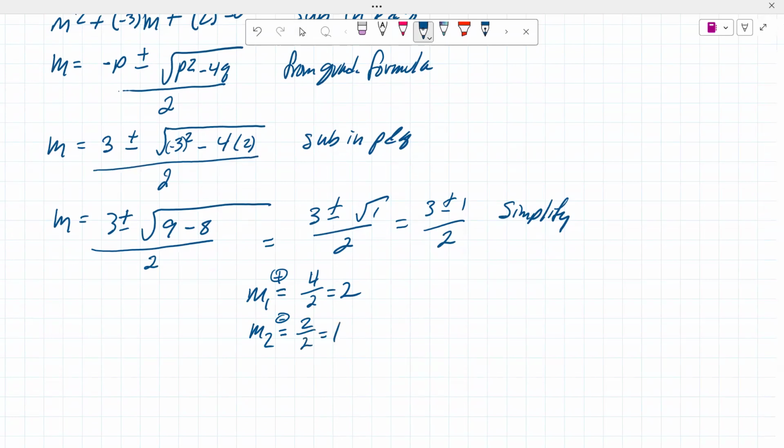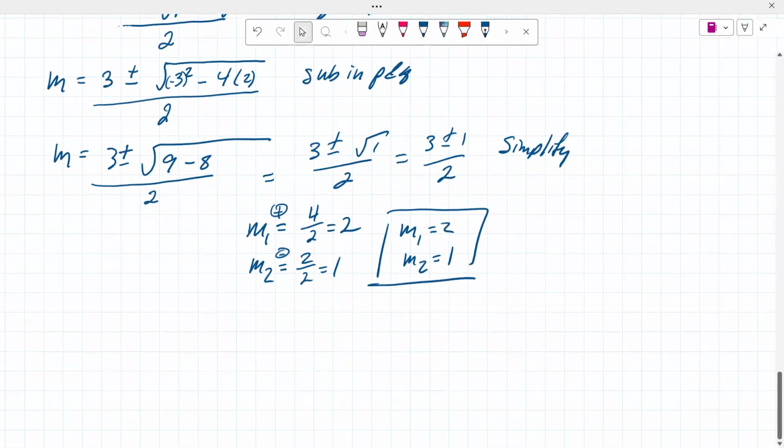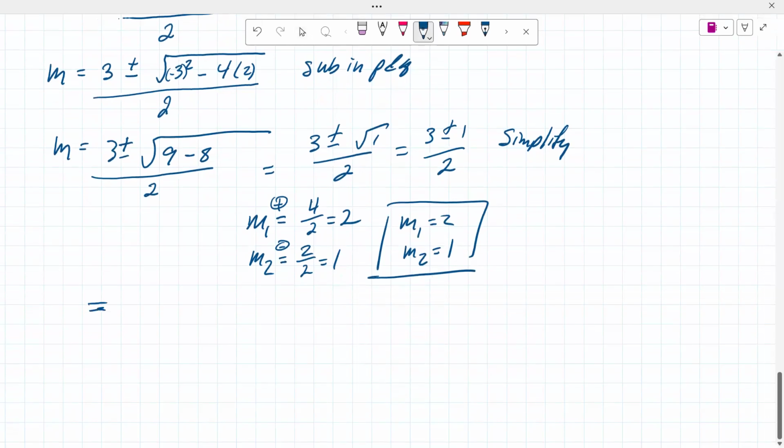So here we have our solutions. These are our m values right here. m1 equals 2, m2 equals 1. That's the answer for our m's. So in other words, we have 2 real roots. Great.